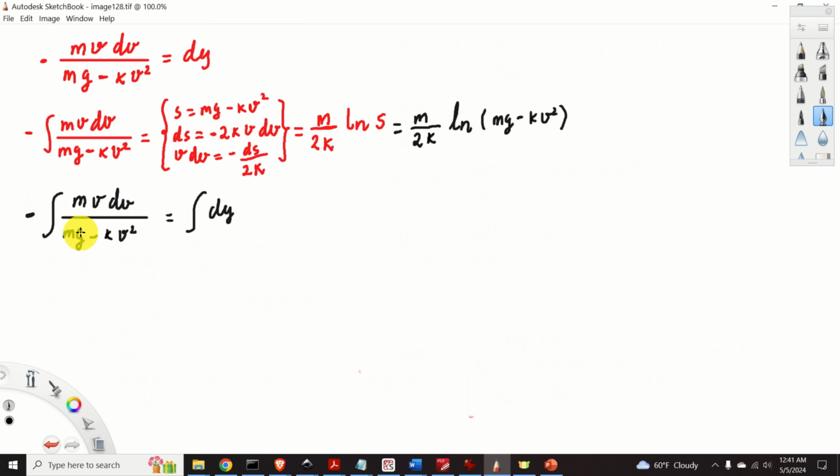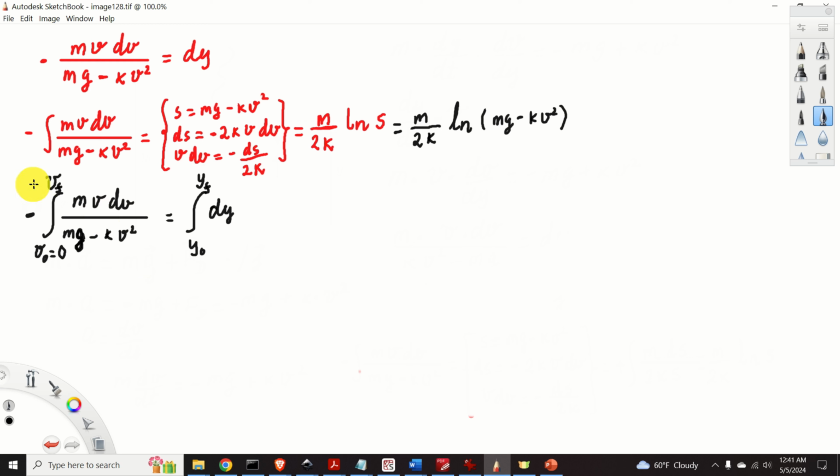Over here, we need to substitute the bounds. So what are the integration bounds? We integrate the dv term over here, starting from initial velocity that's equal to 0 to some final velocity. Let's denote it like this, v final. Similarly, we integrate the dy term from y0, this is the initial height, until some final height, yf.